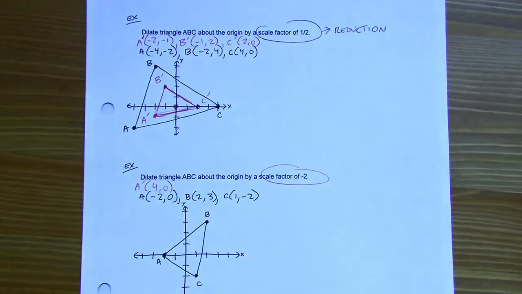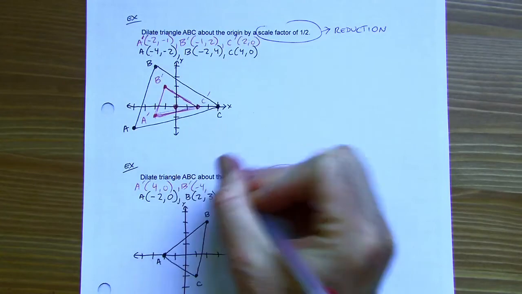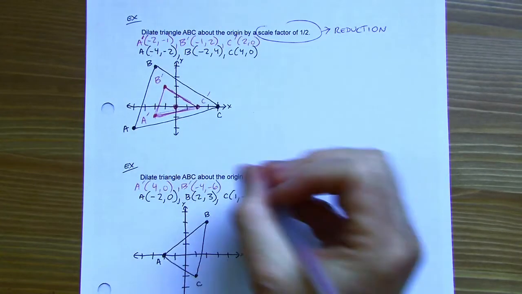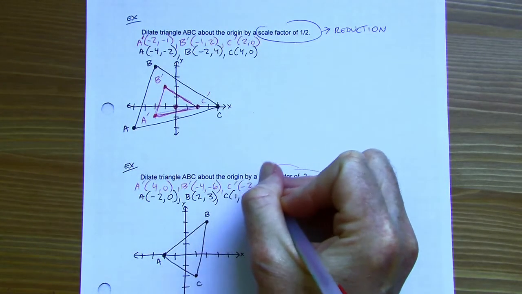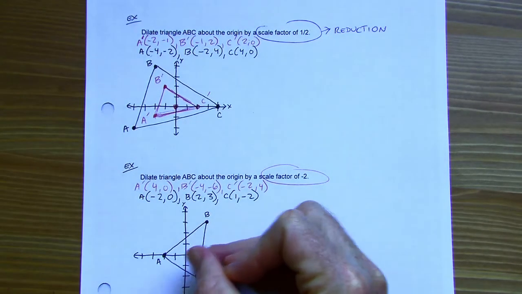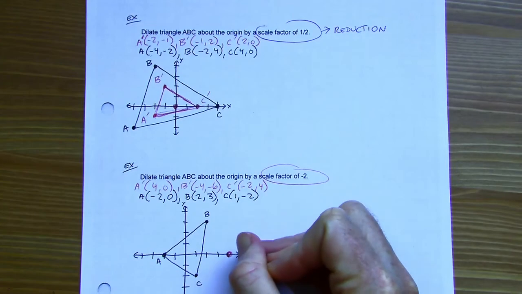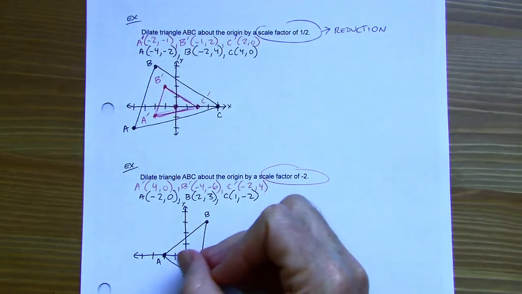So that gives me 4, 0 there. And -4, -6. And -2, +4. Okay? And let's just plot this and see what actually happens. So 4, 0: 1, 2, 3, 4. Here's A prime. B prime is -4, -6.